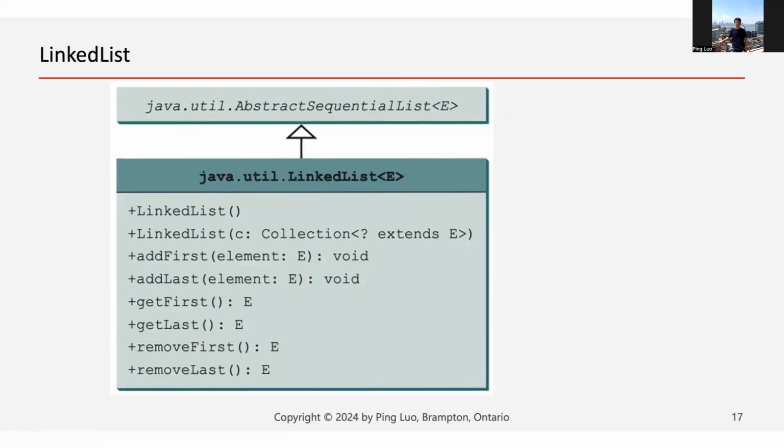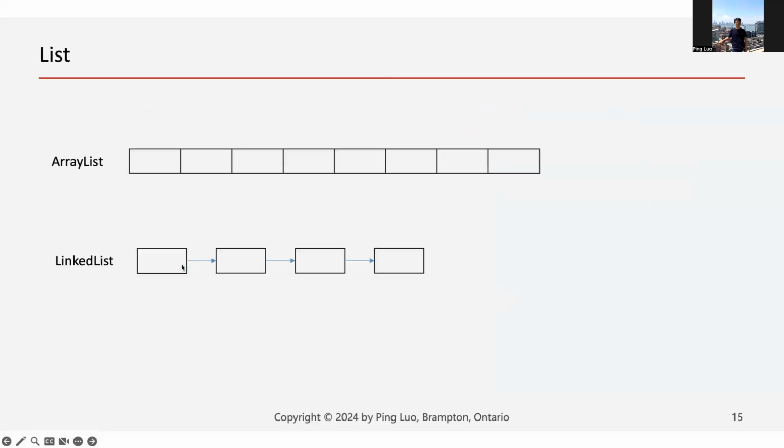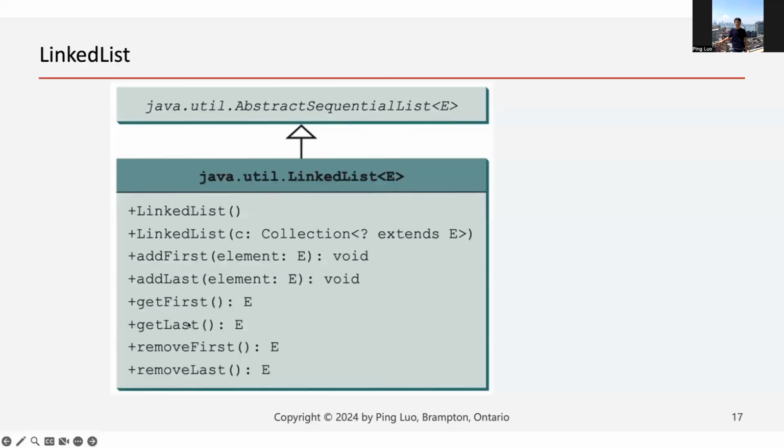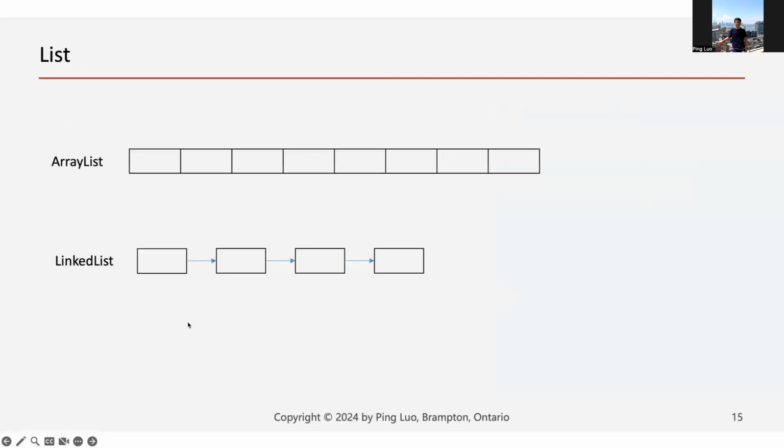A linked list is different from an array list, so it has some new methods, for example addFirst and addLast, because it uses pointers. Usually you have a pointer at the beginning and a pointer at the end, so you can add something at the beginning or at the end. That's the more typical way to do it.